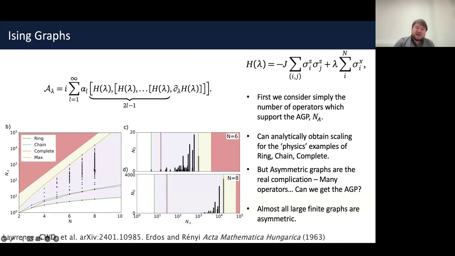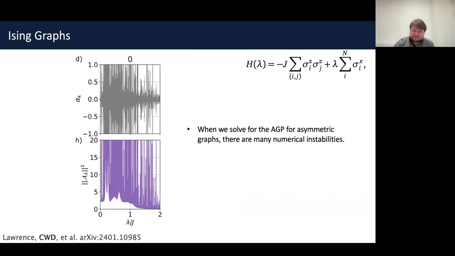Now, of course, that doesn't mean that the adiabatic gauge potential has a non-zero value for every single one of those operators. But it means that's the space we have to live in to solve our problem, which is not very good, since it's scaling exponentially with the problem.